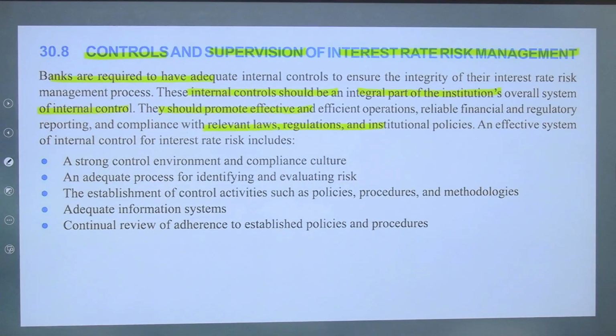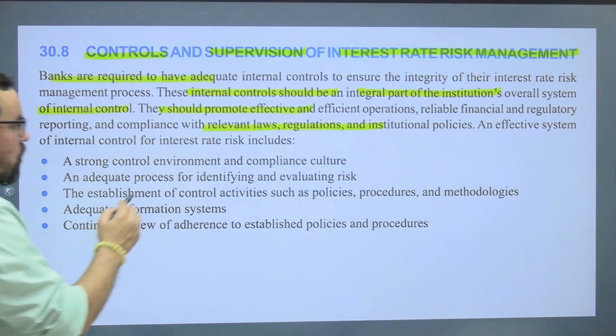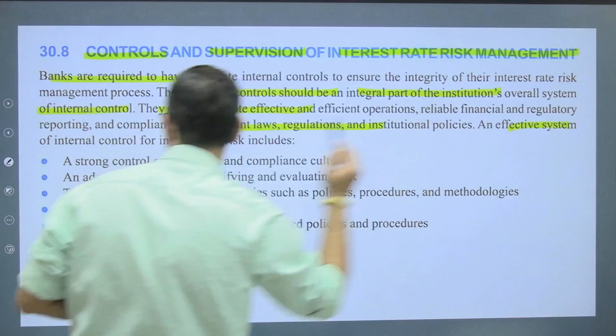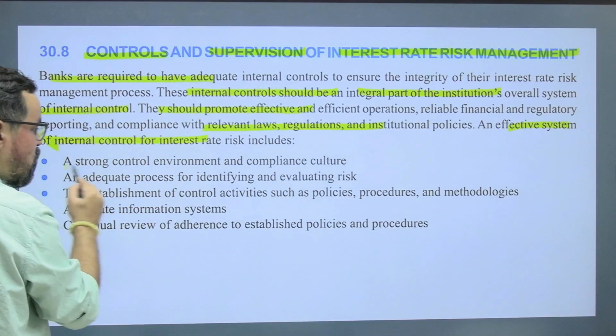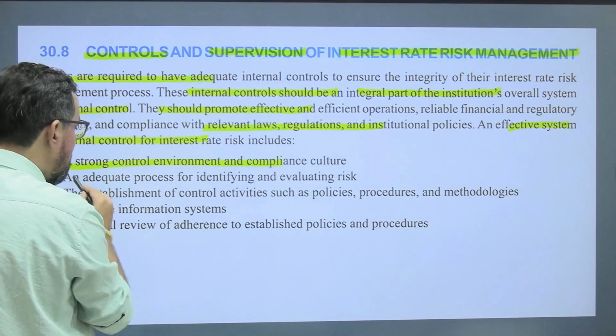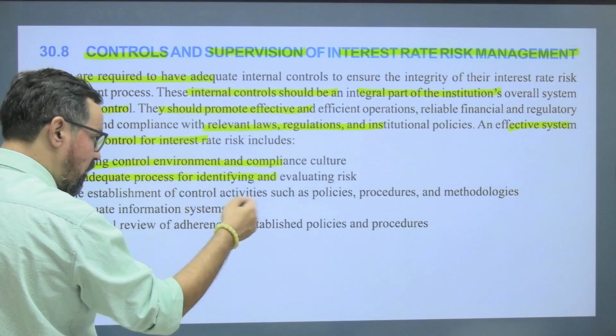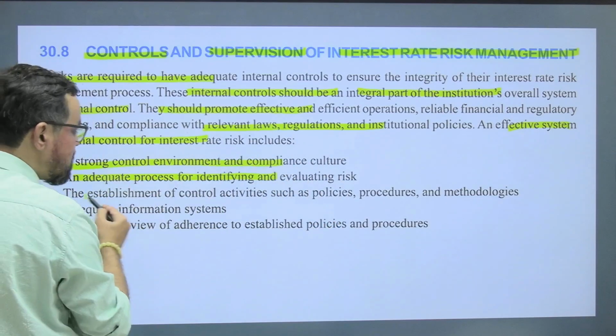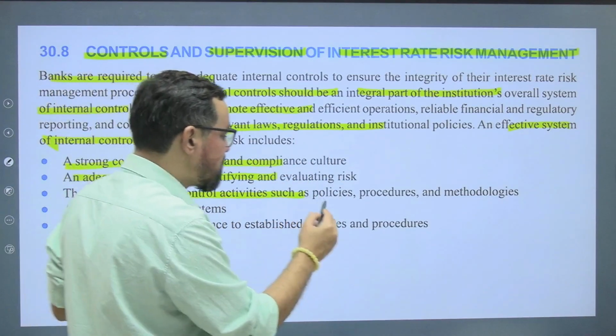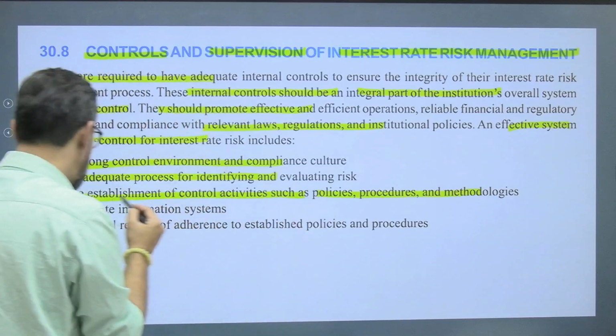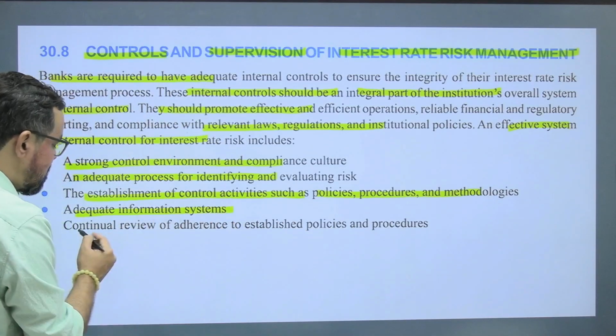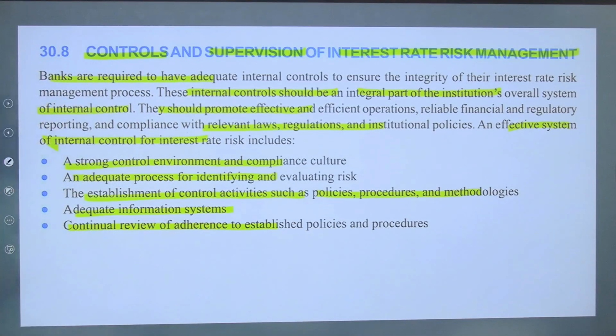An effective system of internal control for interest rate risk includes a strong control environment and compliance, adequate processes for identifying and evaluating risk, establishment of control activities such as policies, procedures and methodologies, an adequate information system, and continual review of adherence to established policies and procedures. So our question was actually based on this.